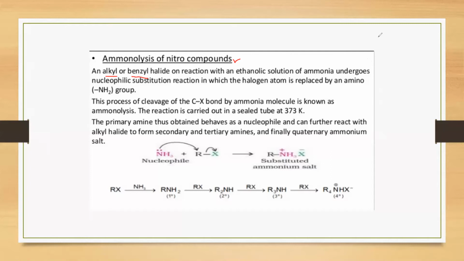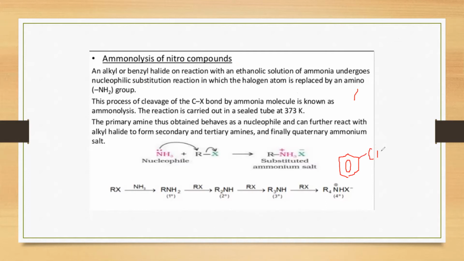Always remember, benzyl halide is similar to alkyl halide in that regard. Listen, all of you: benzyl halide is a benzene ring attached to an sp3 hybridized carbon atom like this.